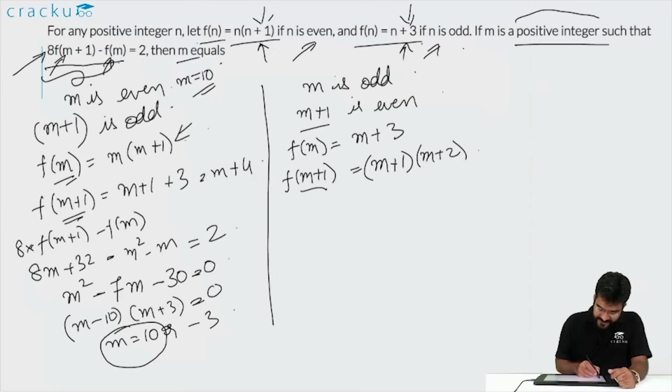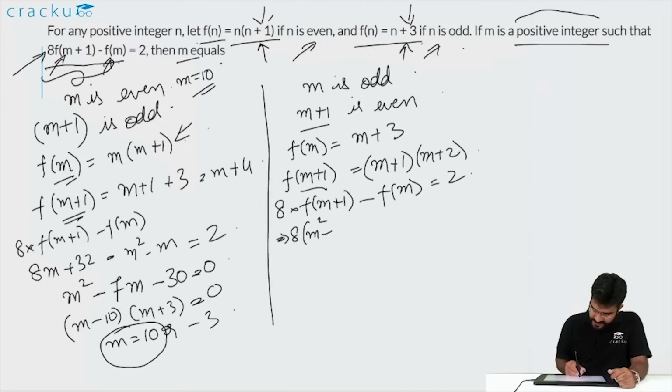Therefore the given equation, 8 into f of m plus 1 minus f of m equals 2, can be simplified as 8 into m square plus 3m plus 2, minus m minus 3, is equal to 2.